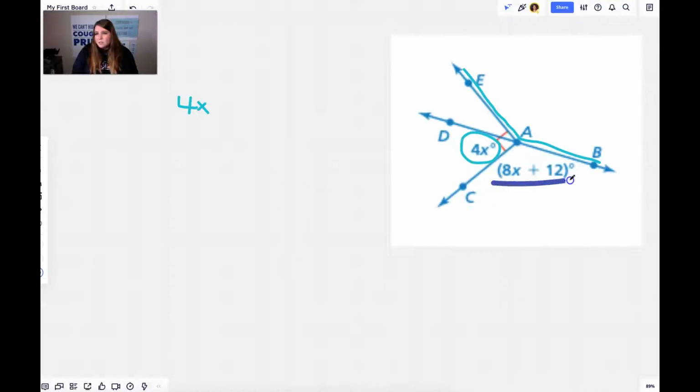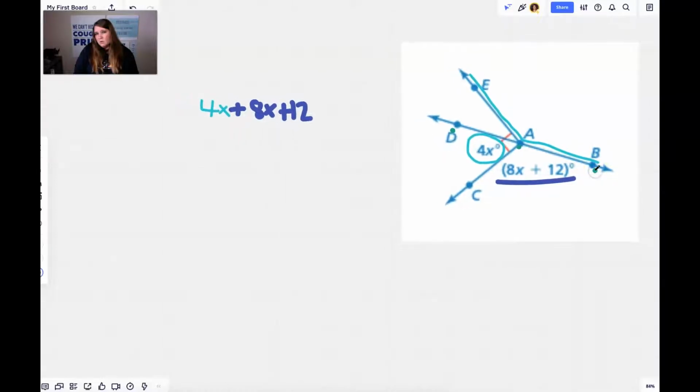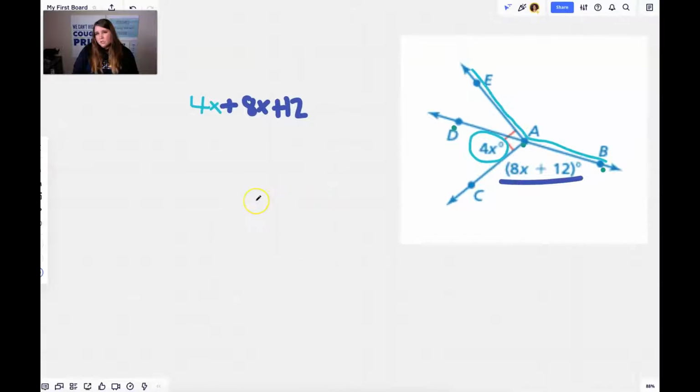And this information right here plus 8x plus 12, those two angles right there, they form this straight line. So because they form this straight line, it equals 180.